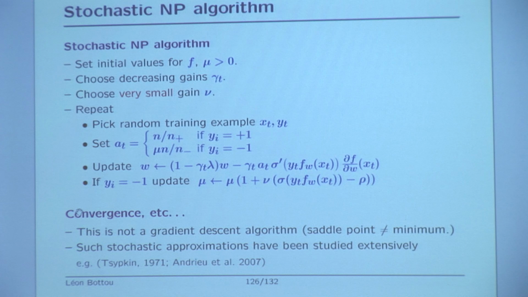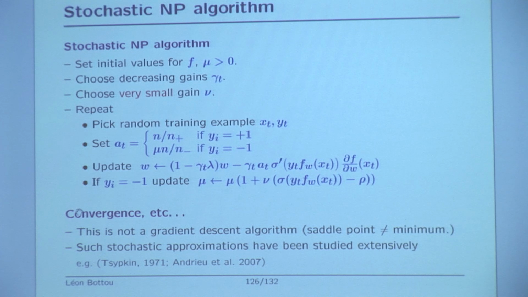So you pick a random training example, xt, yt. I forget about the At for now. And what you do is perform your update. So W becomes (1 minus gamma t lambda) W because of the regularization term, minus gamma t, the gain, times At, which is a little trick that includes the mu, and the derivative of your sigmoid. The sigma prime is another weighting factor.